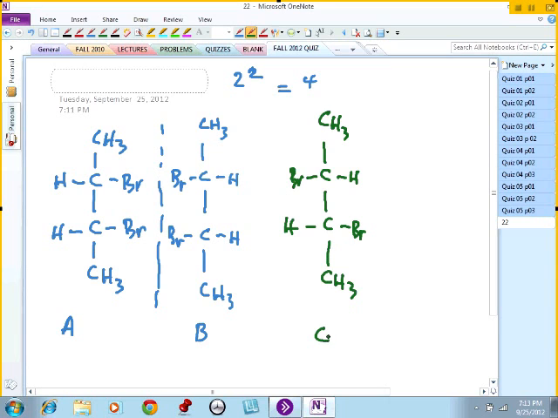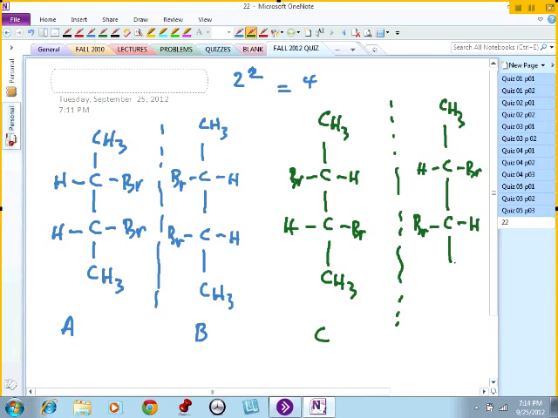Okay, we call this molecule C. And then let us draw the mirror image of that. Let us call this molecule D. Okay?